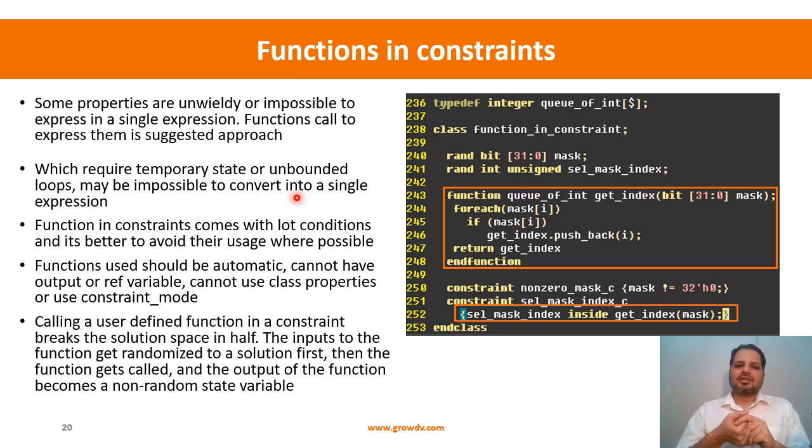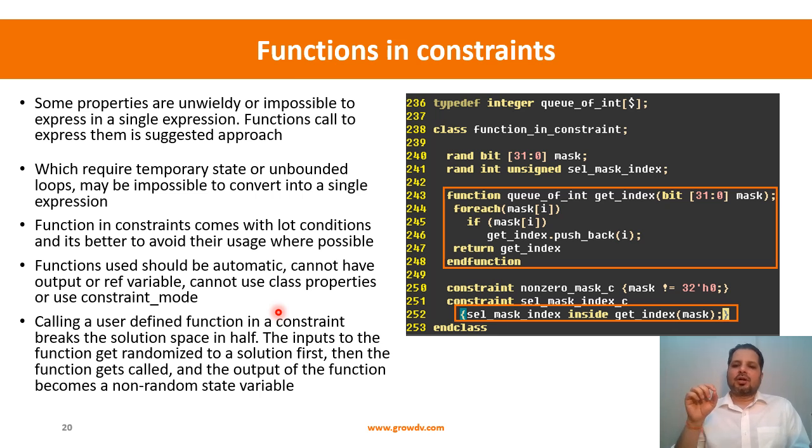So in those cases, you can use a function, but it comes with a lot of restrictions. For example, the functions have to be automatic. They cannot take any ref variables. You cannot use any of the class properties within the function, and you cannot use constraint mode, which we'll talk about later, which helps you turn on or off a particular constraint. You cannot use them in the functions.